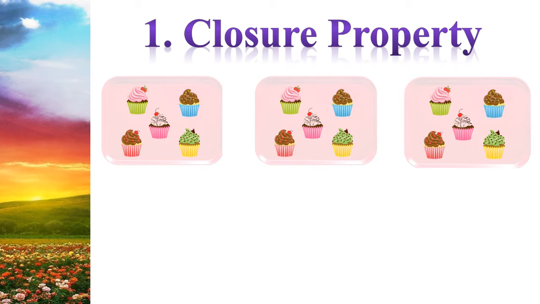We multiply 1 and 5, we get 5. So next, let us find the number of cakes for 2 trays. That is 2 into 5, we get 10.